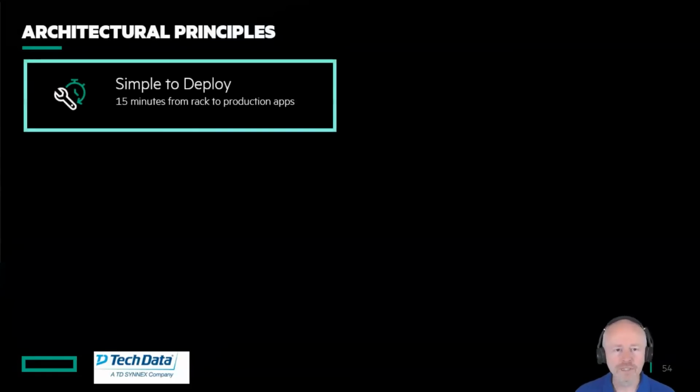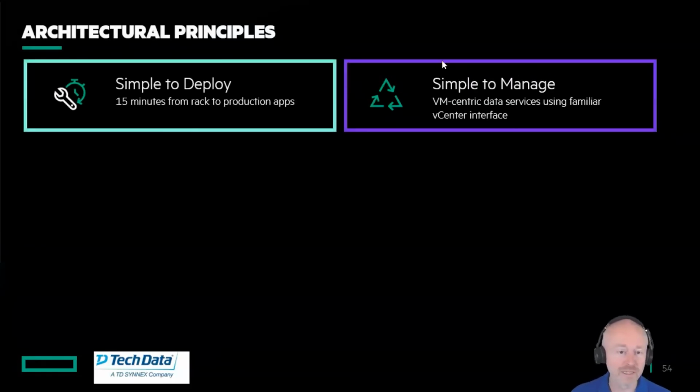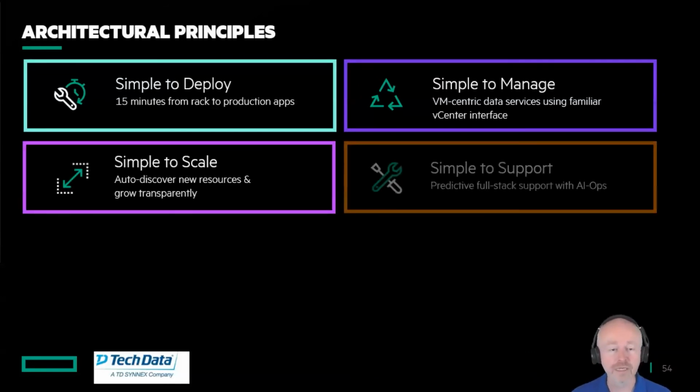Now if we take a look at those principles, well, it's simple to deploy. Also 15 minutes from rack to production. Putting it in a rack is the heaviest job that you're going to do that day. It's a deployment manager. You just have to put in a password and a few IP addresses and it will deploy everything. 15 minutes, 2 cups of coffee, and you can start creating your data stores and put virtual machines on there.